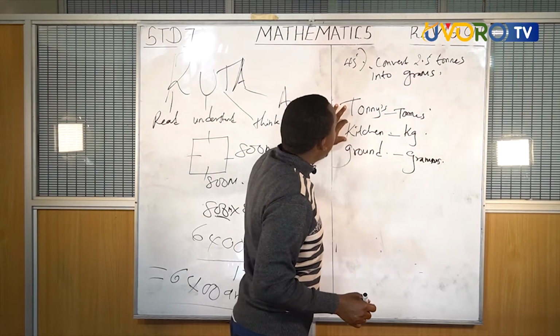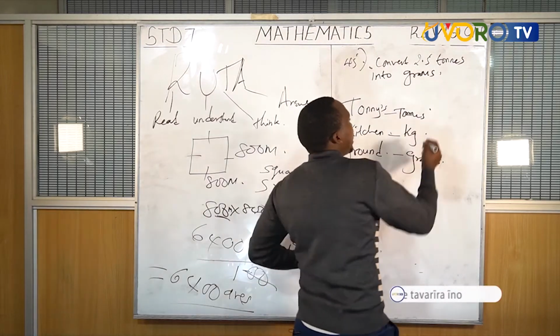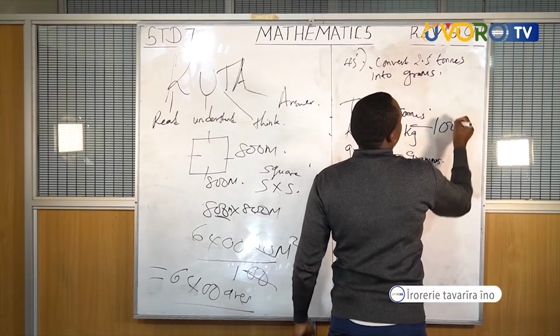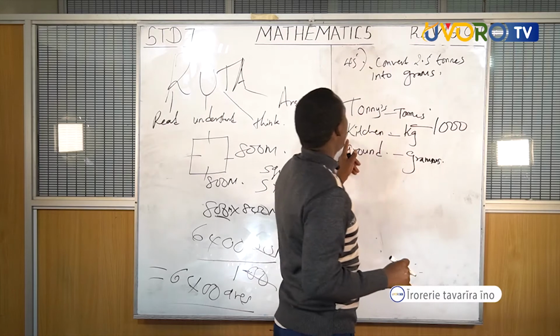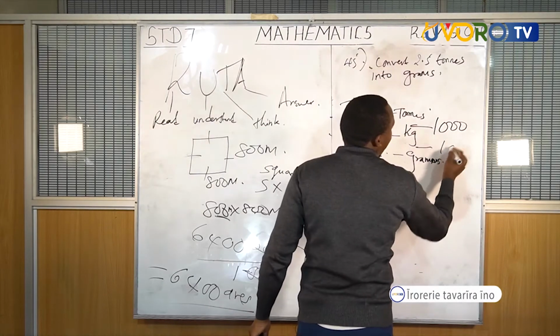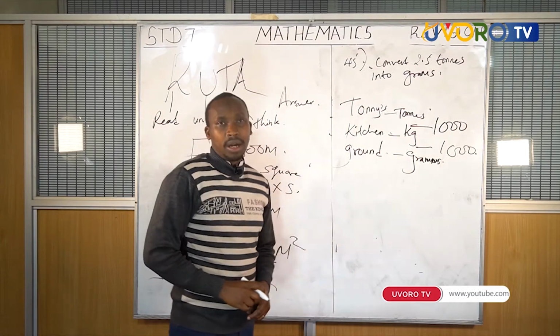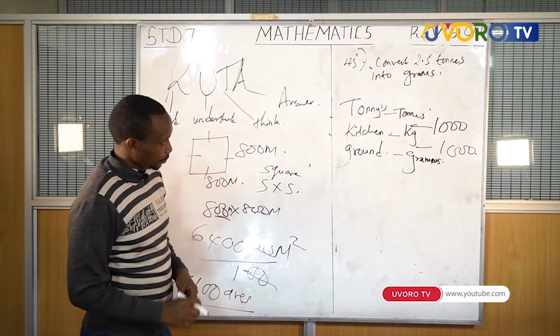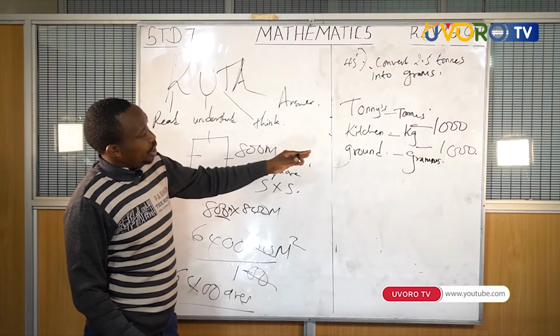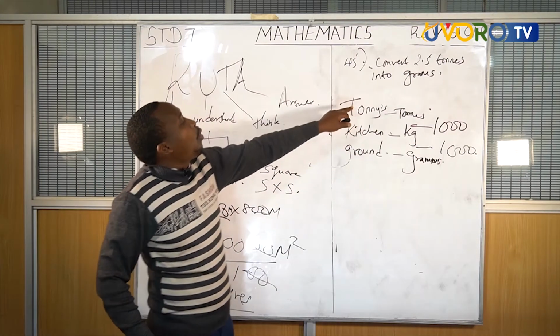How many kgs make 1 ton? It is 1,000. How many grams make 1 kilogram? Another 1,000. So now you can see how many grams make 1 ton.